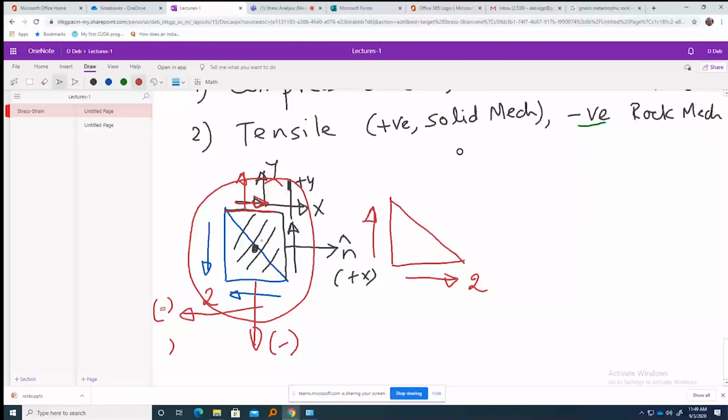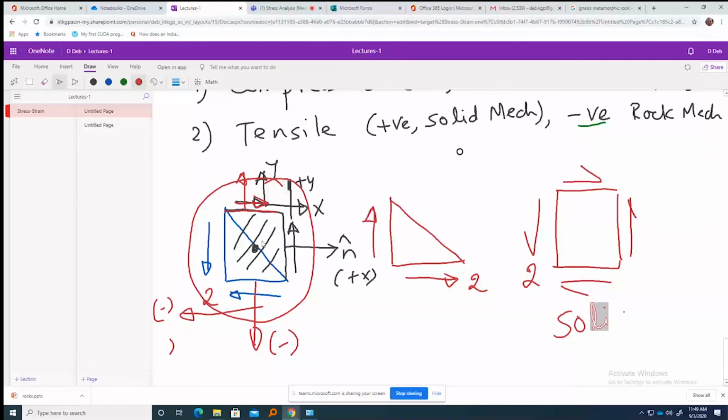I'm giving you again, this is the point. The shear stresses are acting like this. This one is a positive value in solid mechanics.